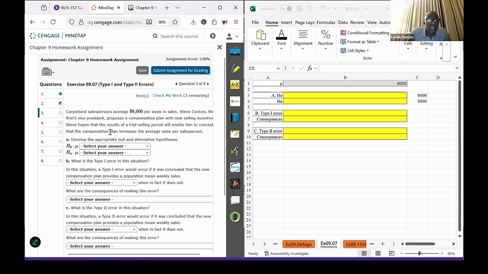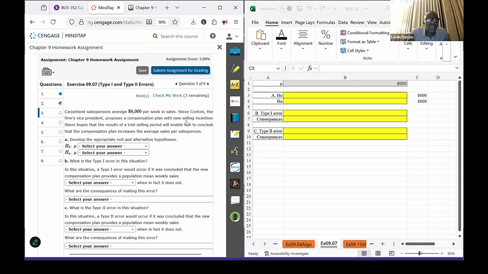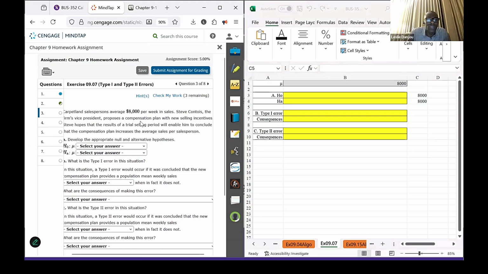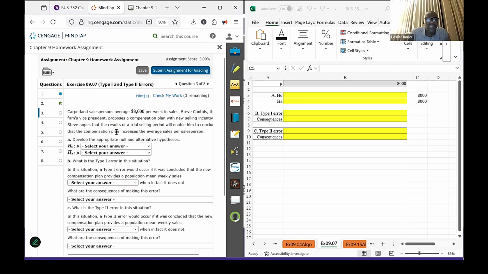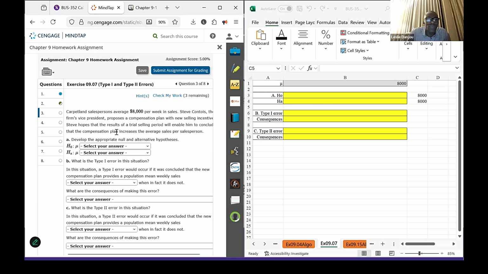Do you see anything on there that says less than, greater than, two-tailed test? I'm looking. Do you see anything?